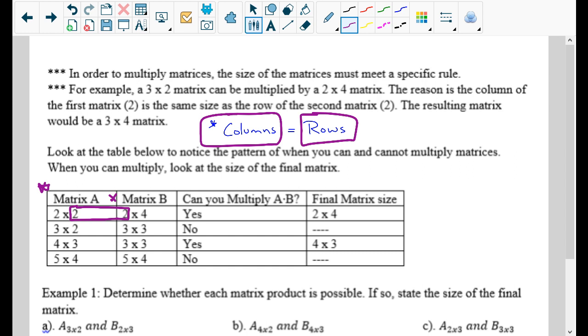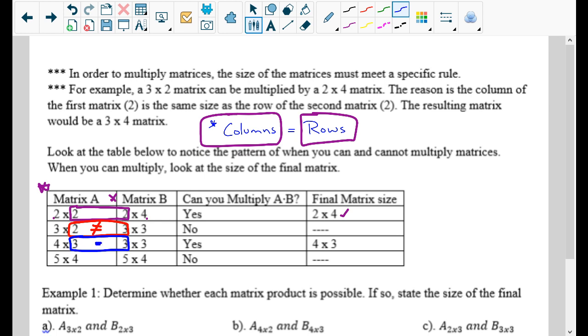The resulting matrix then is a 2 by 4. So you can see a 2 by 4 matrix there. Taking a look here, a 3 by 2 and a 3 by 3. Well, these are not the same, so I cannot multiply them. In the next one, we have a 4 by 3 times a 3 by 3.